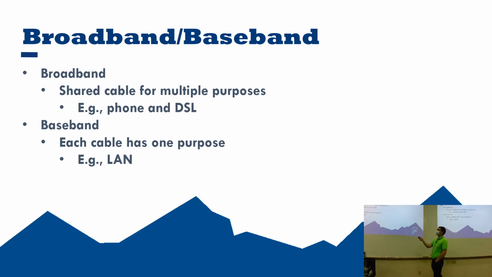Let's think about some other examples of broadband, though. What about cable? Can we get cable television and cable internet service on the same cable? Yeah, we can. So that's another example of broadband. Contrast with baseband. Baseband is where you have a single cable for a single purpose. So for example, just a standard Ethernet cable.